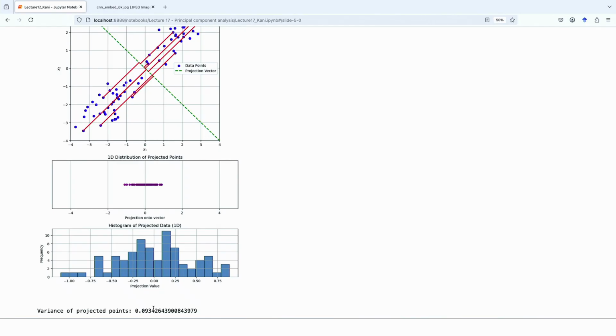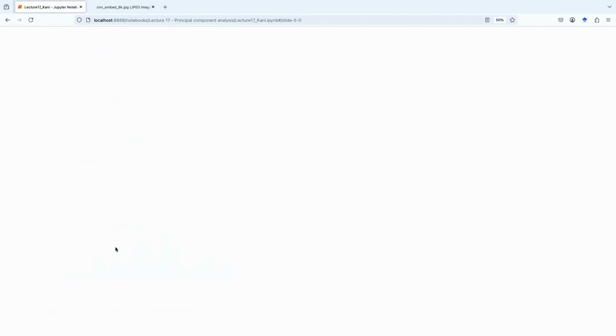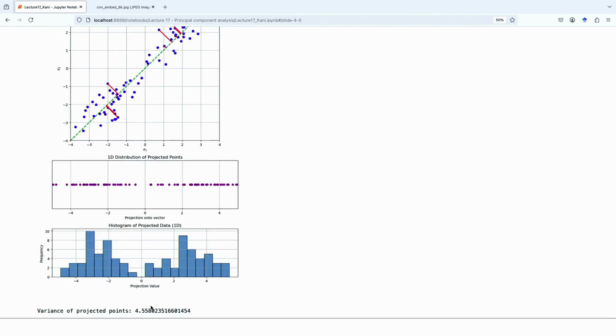Okay, so the variance of this projected data set is much smaller than the variance of this other projected data set. So what does that mean? Well, it means that really what we want is to maximize the variance of the projected data set.